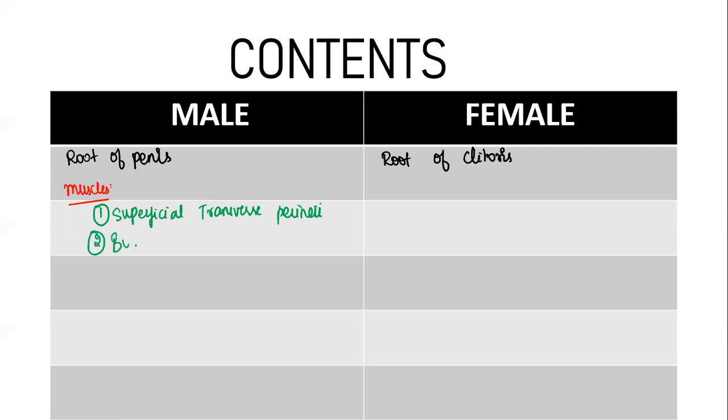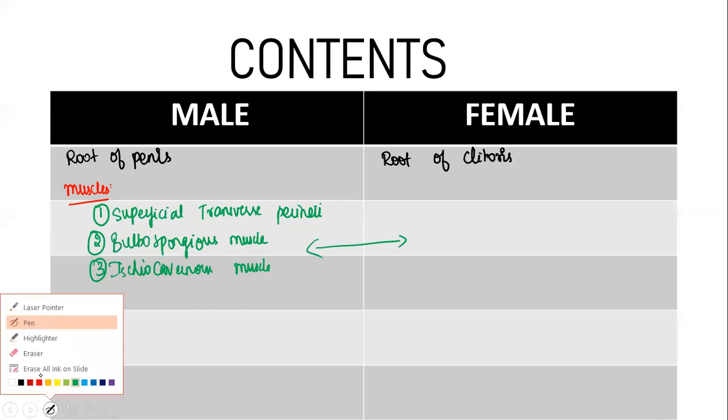Followed by the bulbospongiosus muscle, followed by the ischiocavernosus muscle. So these are the three muscular contents in the superficial perineal pouch: superficial transverse perineal, bulbospongiosus and ischiocavernosus.